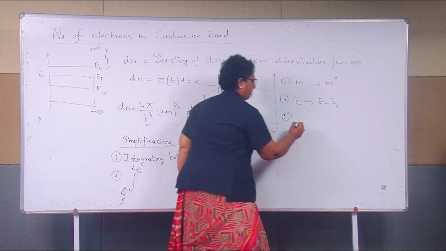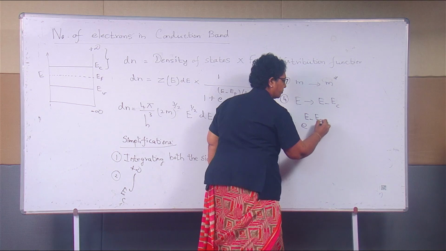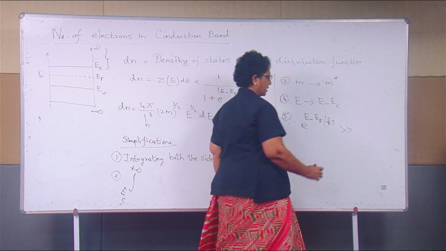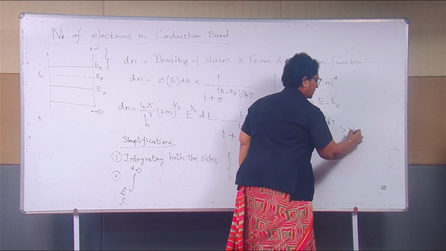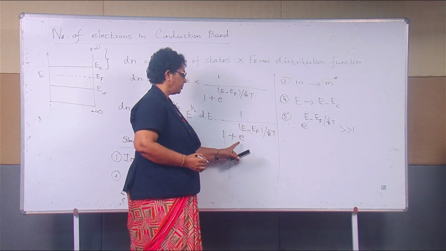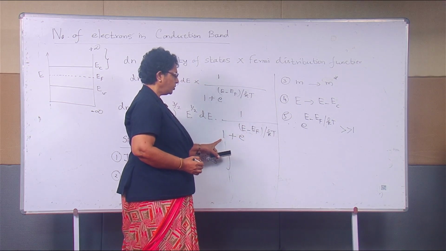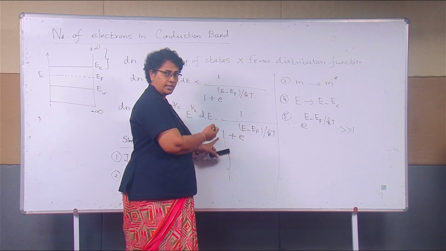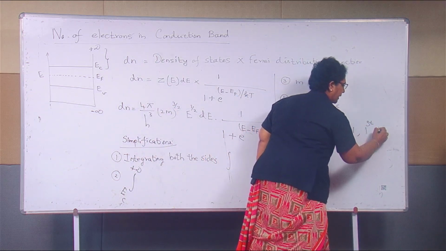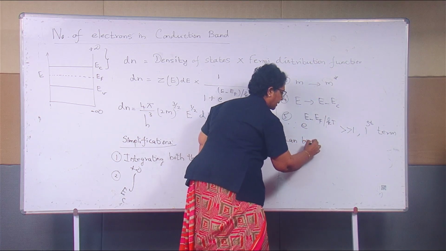So since e to the power of E minus EF by kT is very much greater than the first term 1, it will have a huge value, because the exponential of this positive will have a huge value, and that value will be much greater than this numerical value 1. So since it is greater than 1, the first term can be neglected.